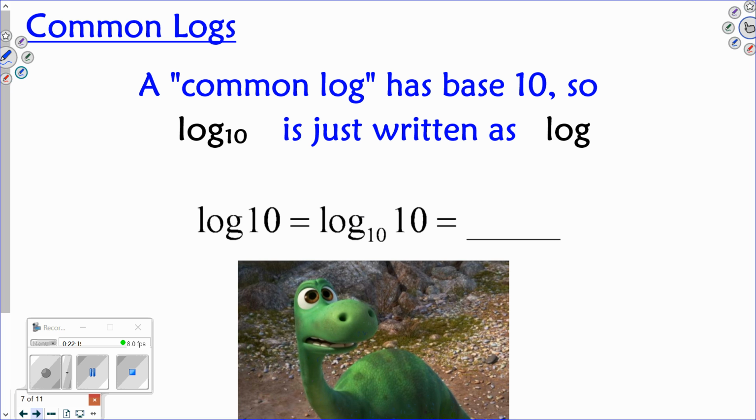So if you see just log, like log of 10, this is saying log base 10. If you don't see a base number, it is implied that it is a 10. It's considered a common log. If that happens, your calculator will do them. Yay! Right? So what is this? 10 to what power equals 10? It's 1.